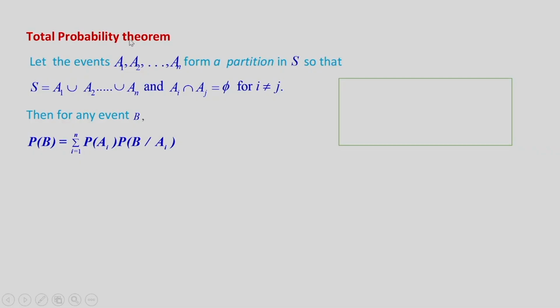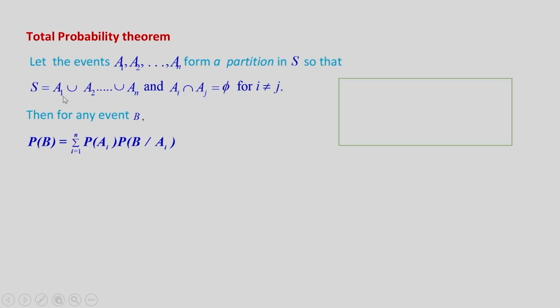Total probability theorem. Total probability theorem is one of the most important theorems in basic probability. Let us state this theorem. Let the events A1, A2 up to An form a partition in S. So, what is a partition in S?